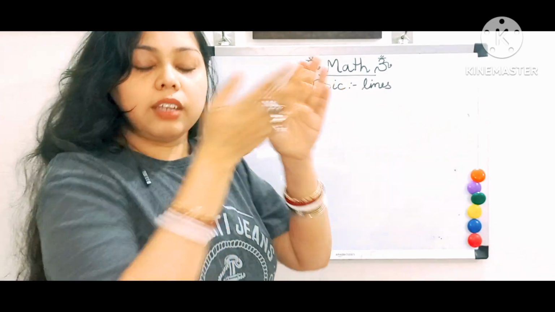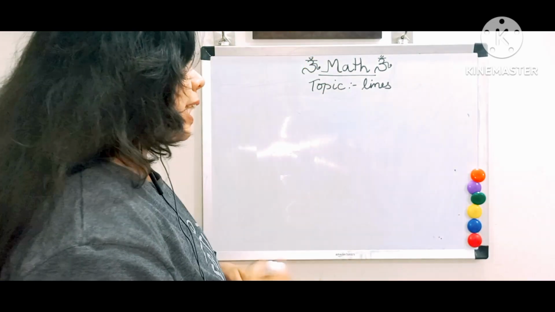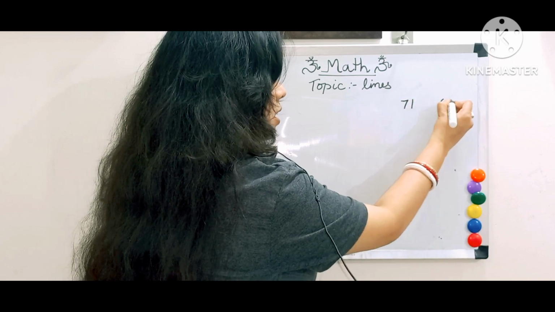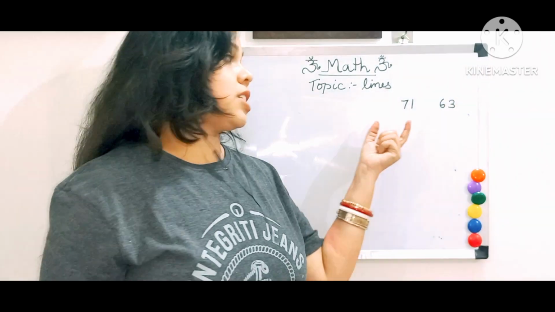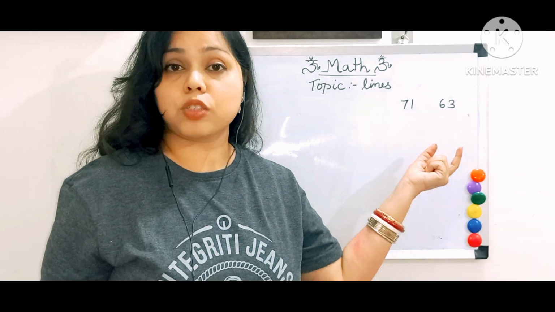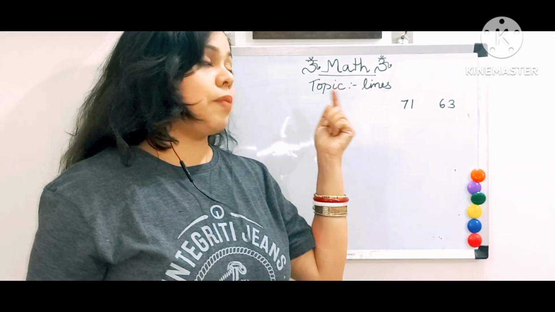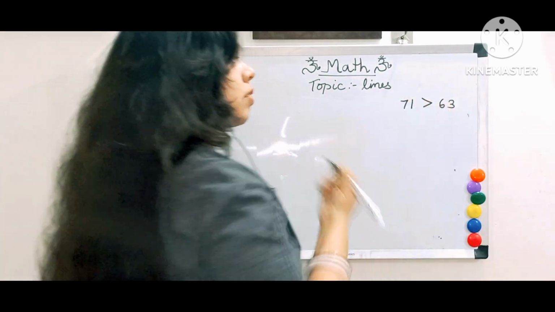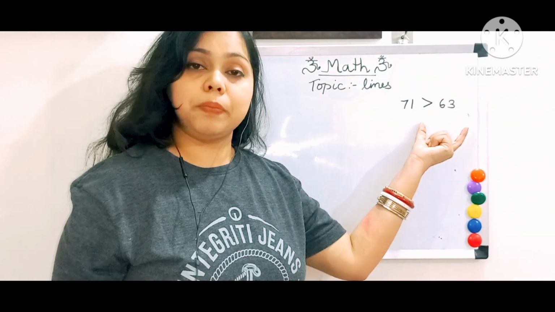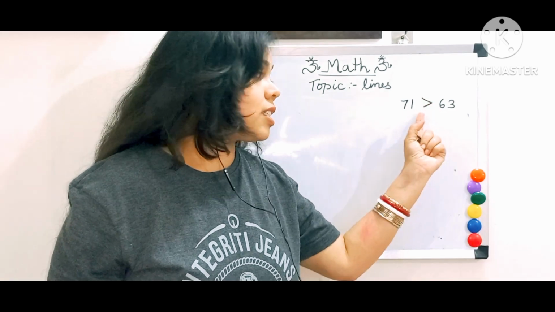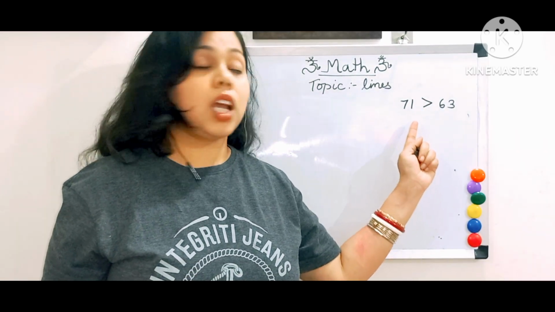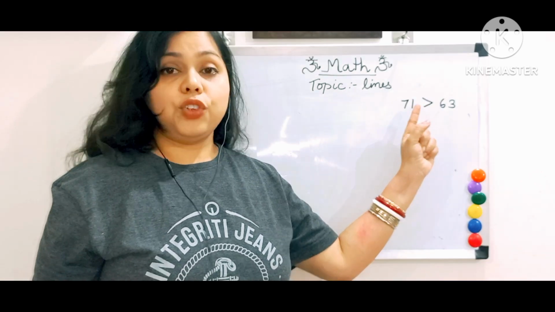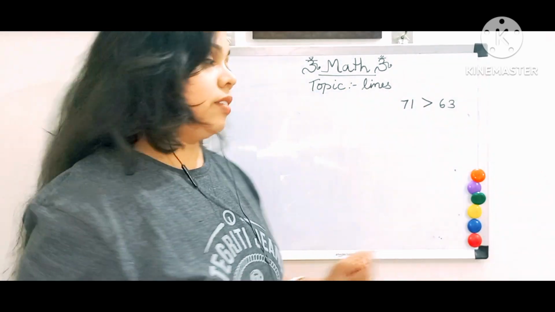Also, when you were a kid, if I wrote a number like this and asked you which number is greater and which is smaller, you put a symbol like this. So what is the symbol making? This symbol is making an arc, and this arc you will call an angle.